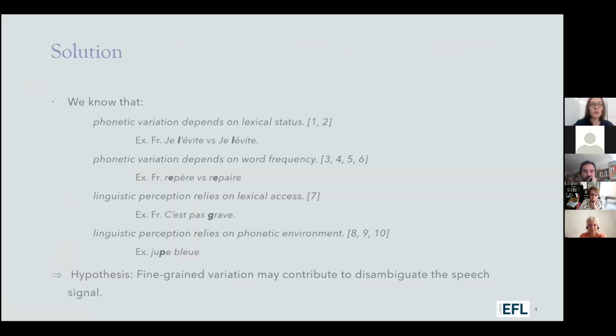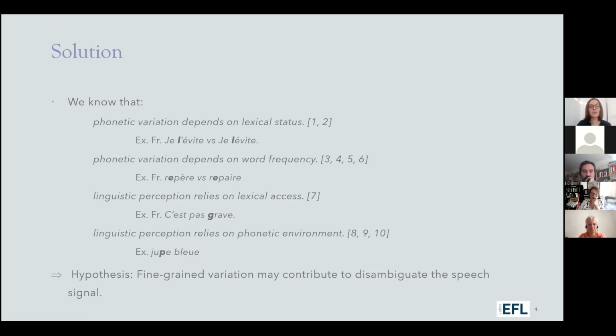And what we want to do is to use the known literature to propose new hypotheses and test them. So from the literature, we know that phonetic variation depends on the lexical status. So for example, in je l'évite versus je l'évite, in French, the L will be longer when it's a pronoun rather than when it is the first consonant of the word.